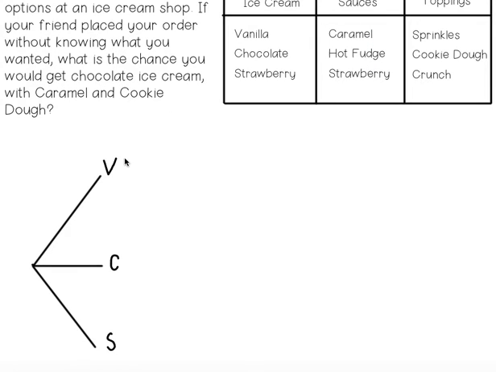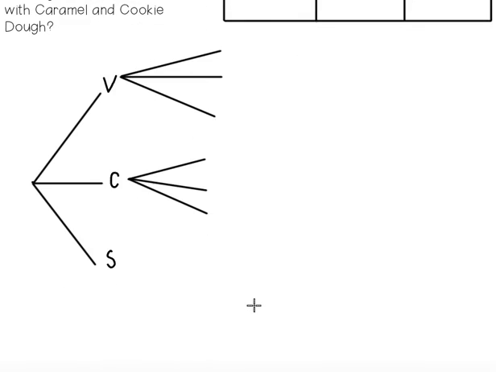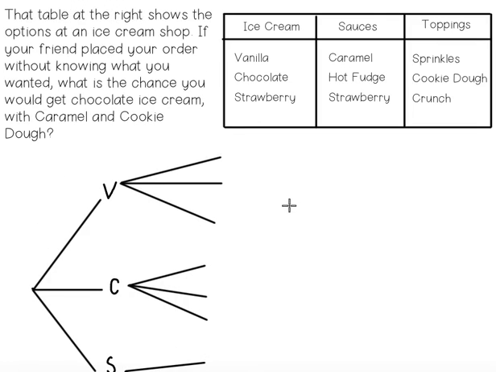So each of these is going to need 3 more options coming off of it. So that's the second layer.